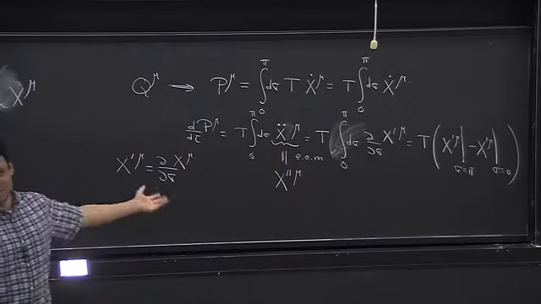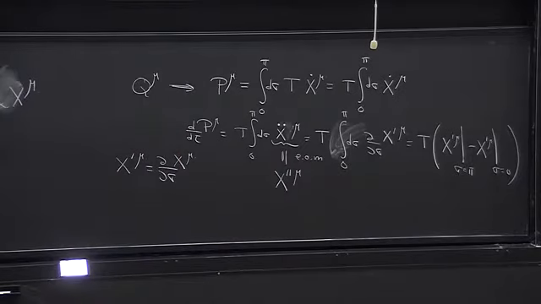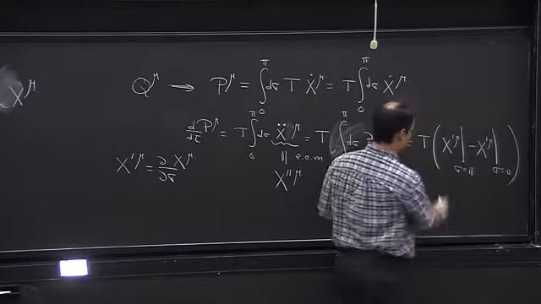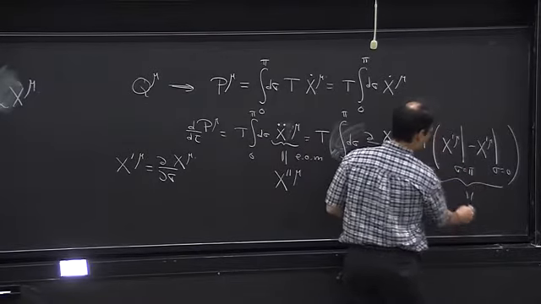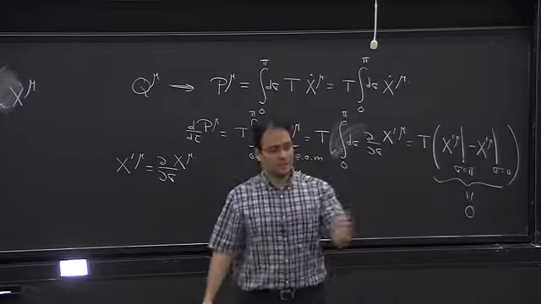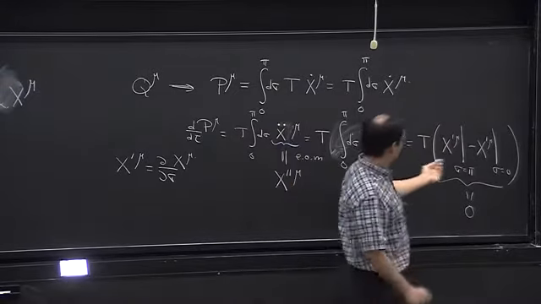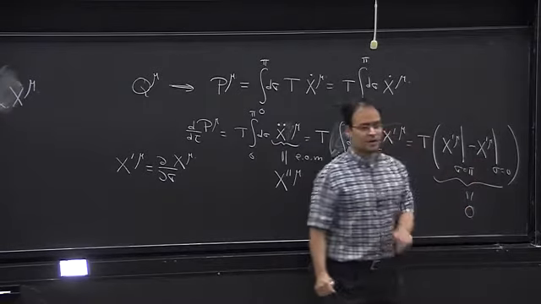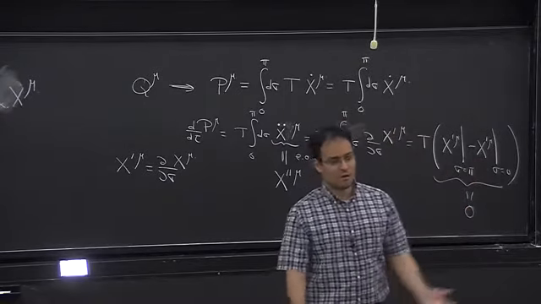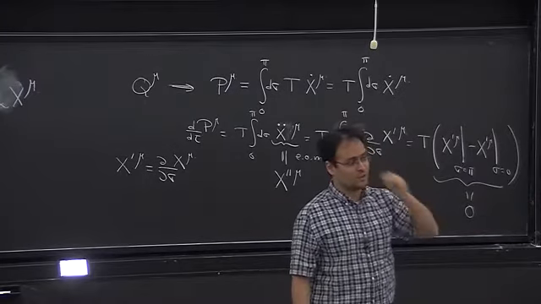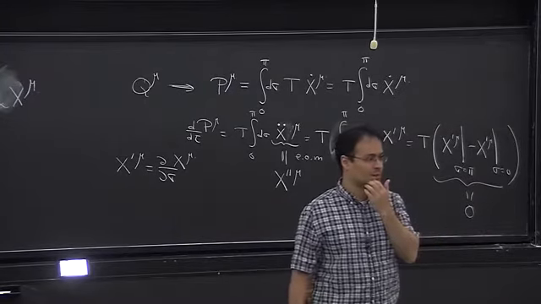But now we see that this is 0 for our closed string because it's periodic. So the two contributions cancel, and we get 0. If we had done the same thing for the open string, then we would have found that this vanishes only when we have Neumann boundary conditions on both sides. If we have Dirichlet, it wouldn't have worked.